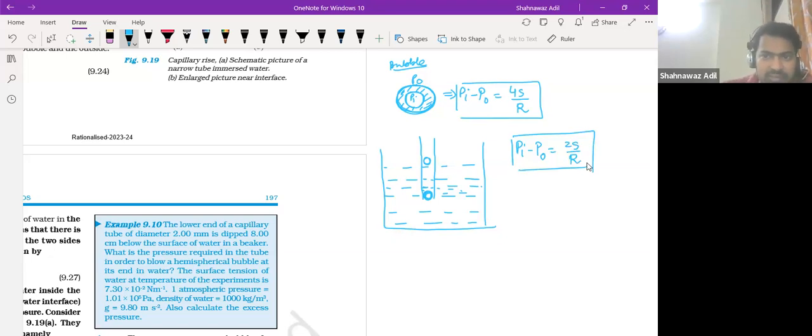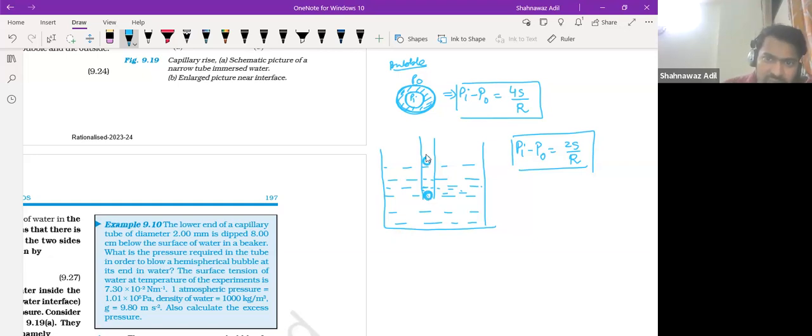First we have to find out the pressure at this height, and then we can calculate this excess pressure. So first we find the pressure of this bubble at this point.